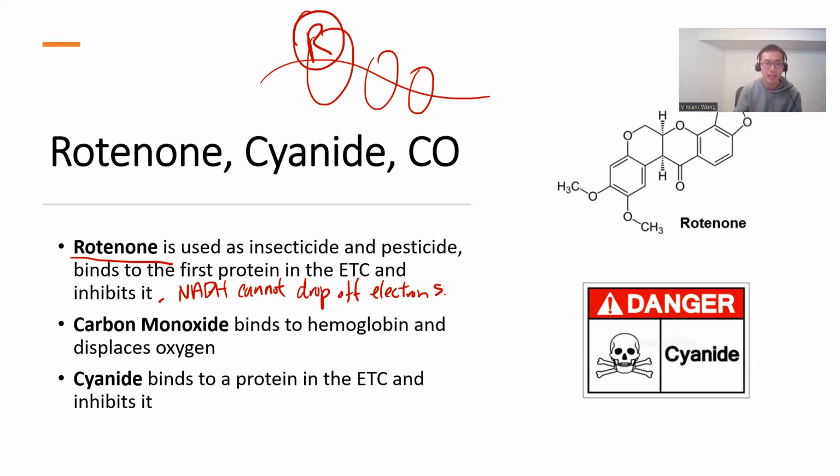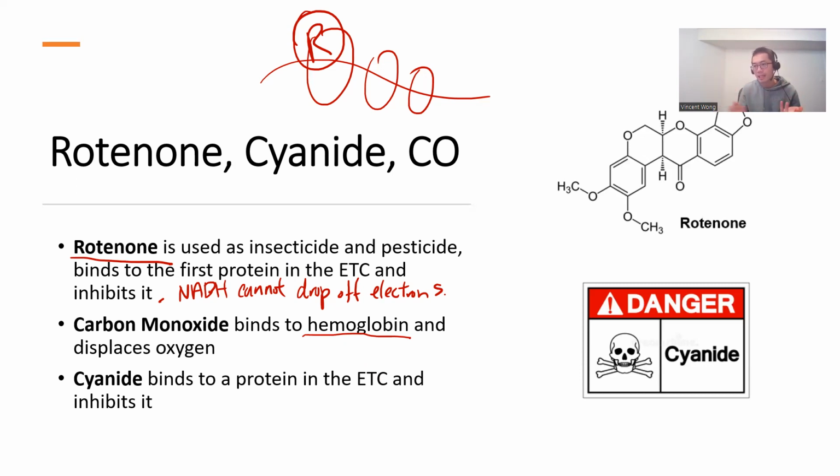The reason why it kills you is because it binds to hemoglobin. You might remember hemoglobin. We talk about it in the protein structure, but it's in your blood cells, and it helps you transport oxygen. The problem with hemoglobin is that when given a choice between carbon monoxide and oxygen, hemoglobin will always choose to bind to carbon monoxide.